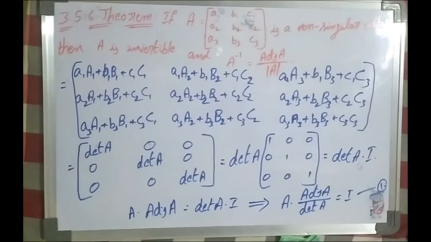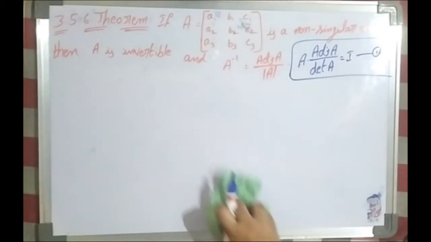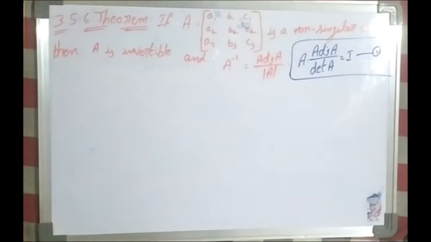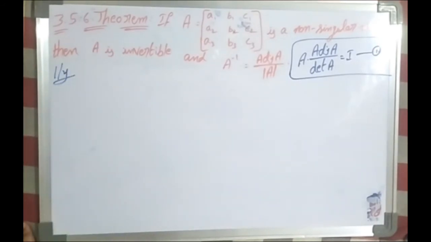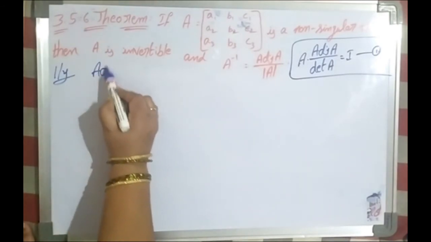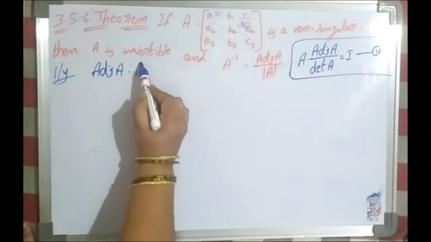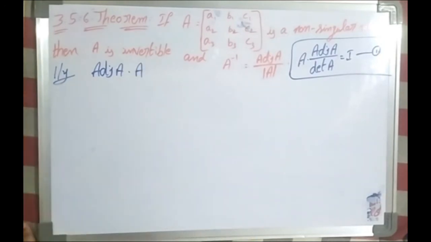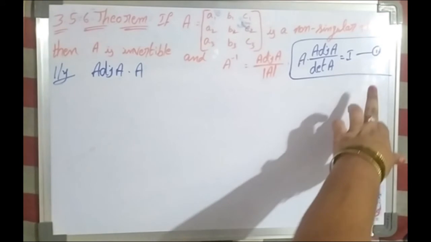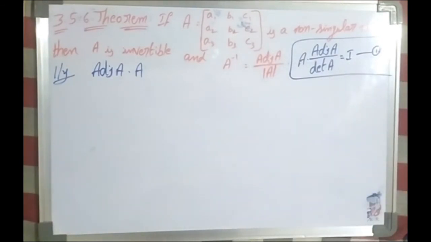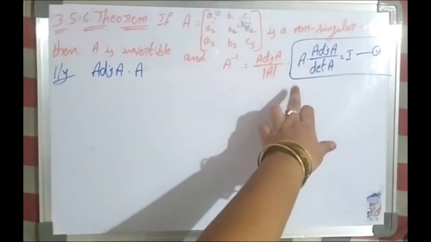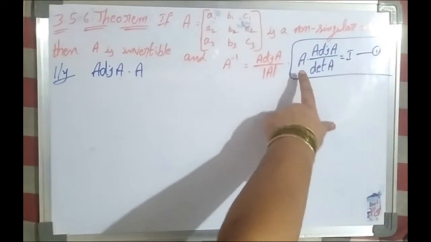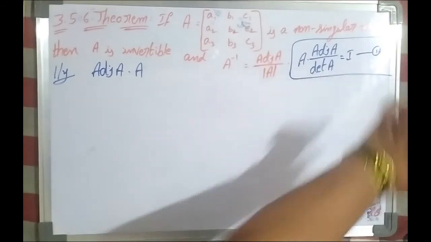Next, this is the first equation. Similarly, we can find adjoint of A into A. By calculating A into adjoint of A, we have derived the first equation.